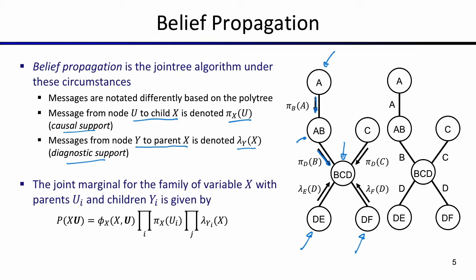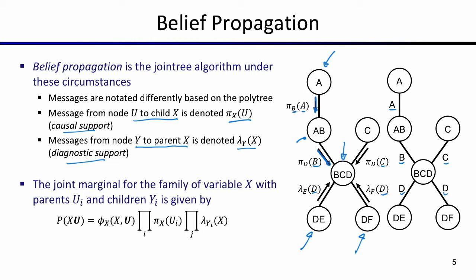So something that we can note in this notation is that whatever we have between the parentheses is going to be the separator. So we have A here, B here, C here, and D, and D and D, right? Something that I don't like here is that the subscripts have different meanings. In the case of the pi messages, B here is the destination, right?